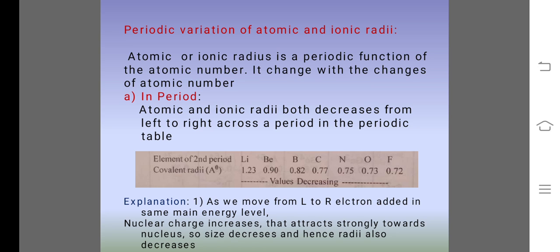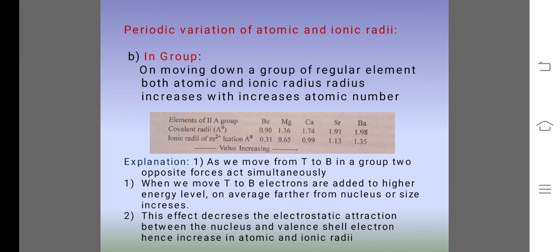Second, we will see variation in a group. On moving down a group of a regular element, both atomic and ionic radius increase with increasing atomic number. Here we see beryllium, magnesium, calcium, strontium, and barium, some elements of the s block, and their covalent radii are 0.90, 1.36, 1.74, 1.91, and 1.98.